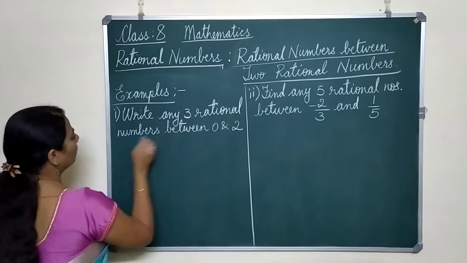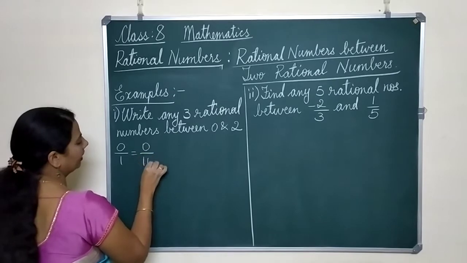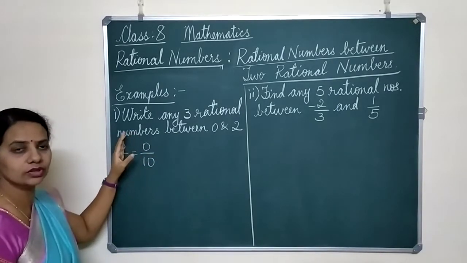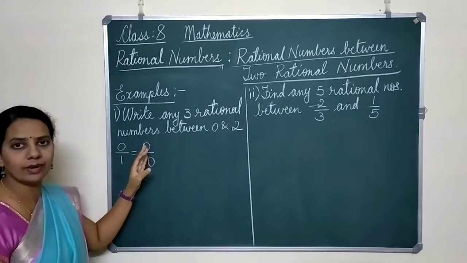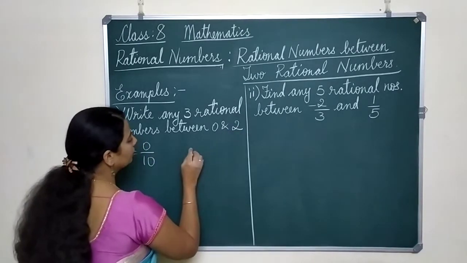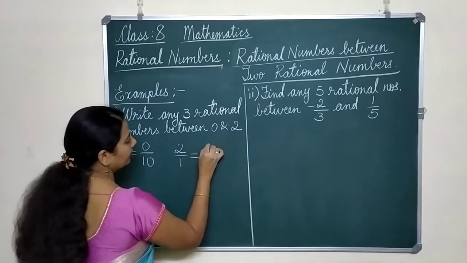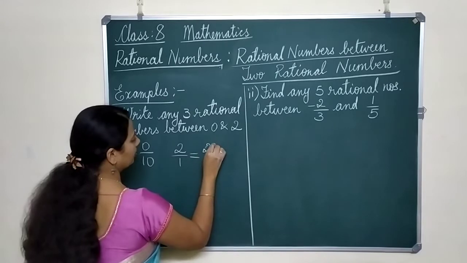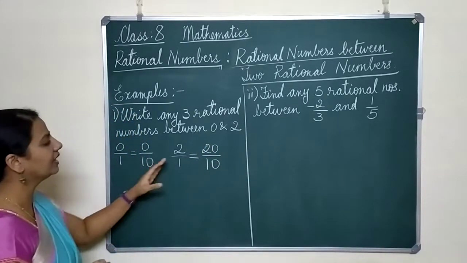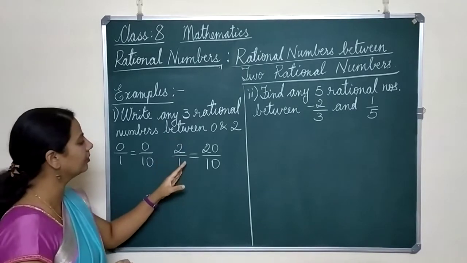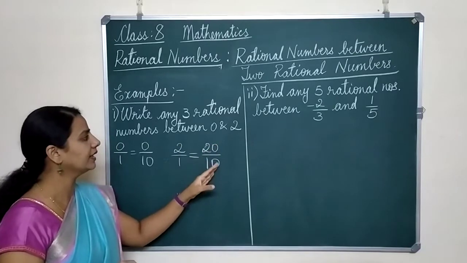0 by 1 is equal to 0 by 10. I have multiplied both numerator and denominator by 10. And what about this 2? 2 by 1 is nothing but, again I have multiplied both numerator and denominator by 10, so 2 can be written as 20 by 10.